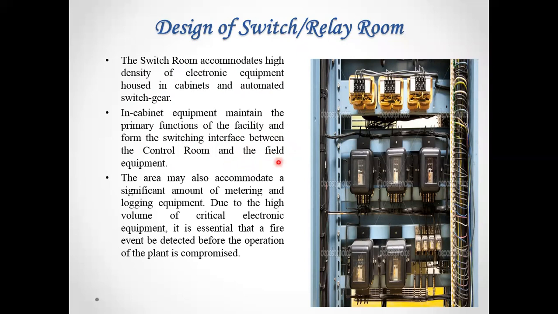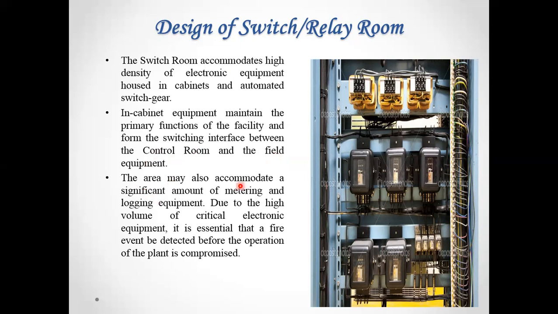The switch relay maintains the function of the control room and the field equipment, like transformers and circuit breakers, so that they can be controlled by this relay.